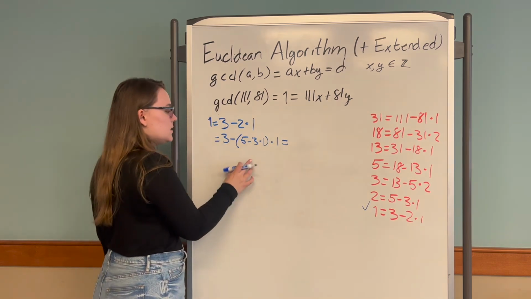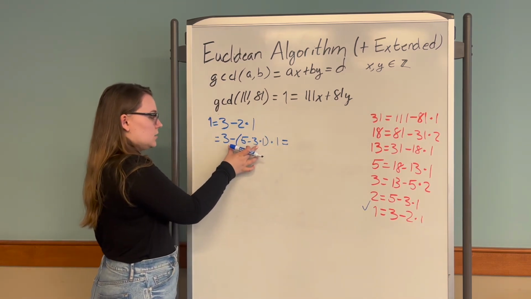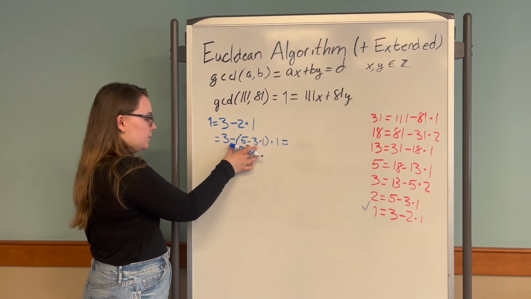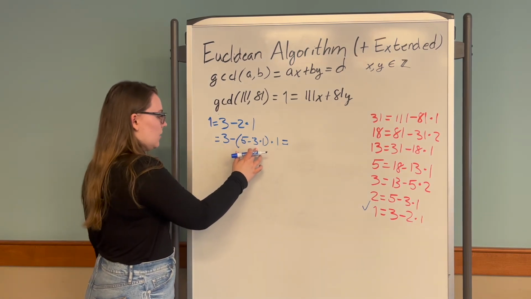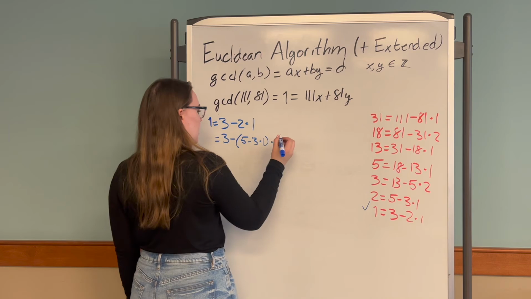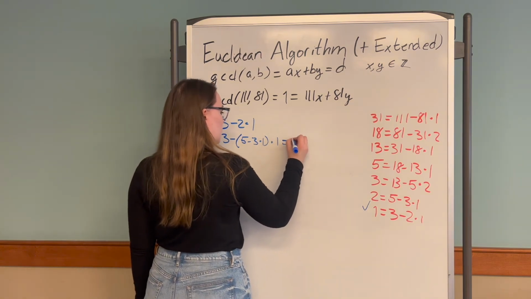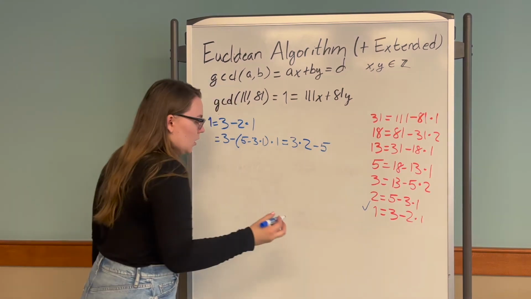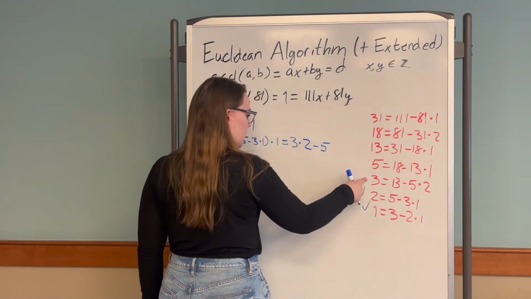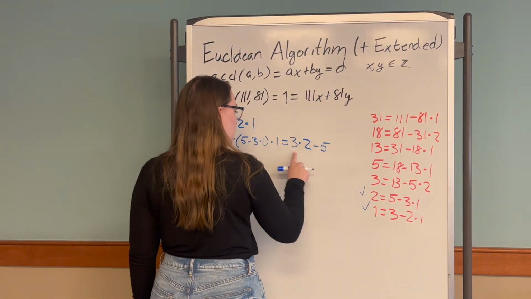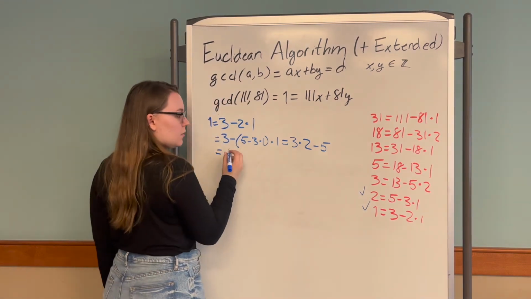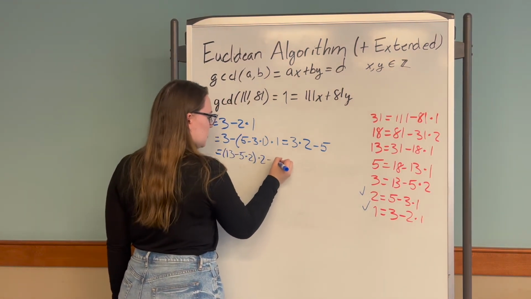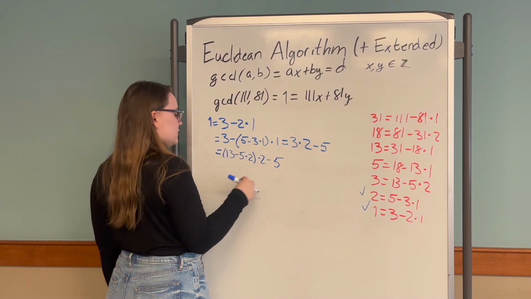Instead of solving for this, we're going to combine our like terms. So we have 3 here and our 3 here, and we're going to combine those two. So we have 3 times 2 minus 5. All right, and so we've done that equation. Now we're going to go up to our next one and plug in 3 for this 3 right here. And we're going to combine our two 5s right here.